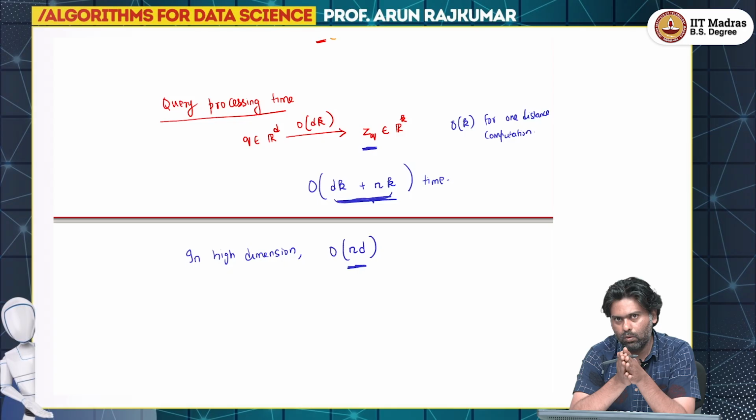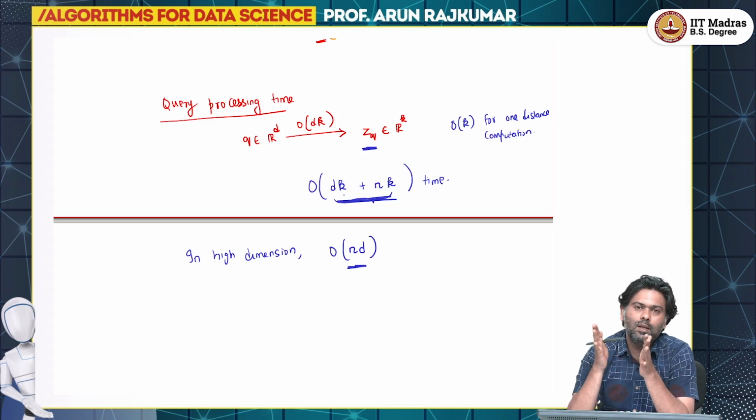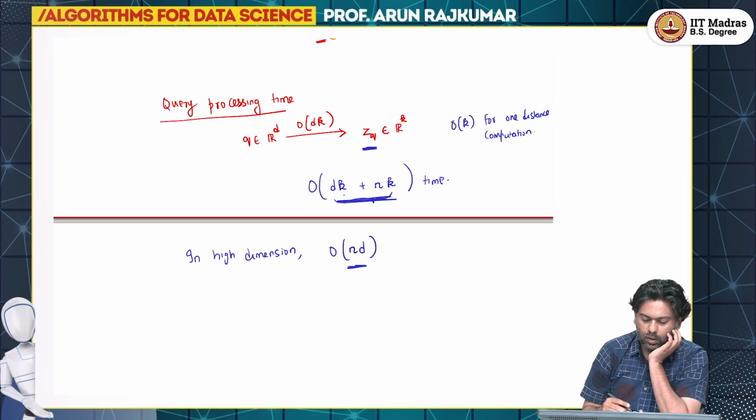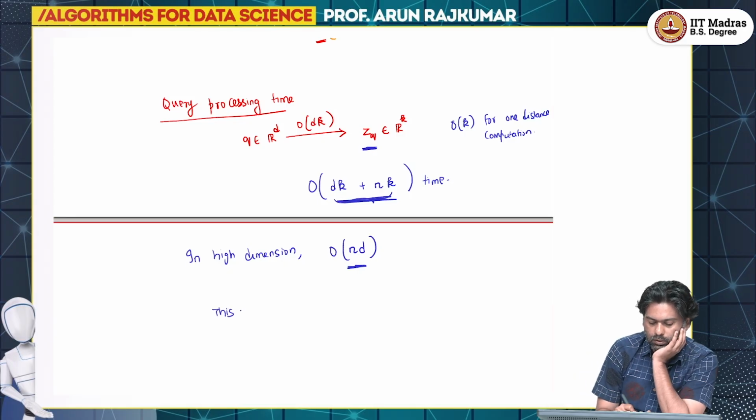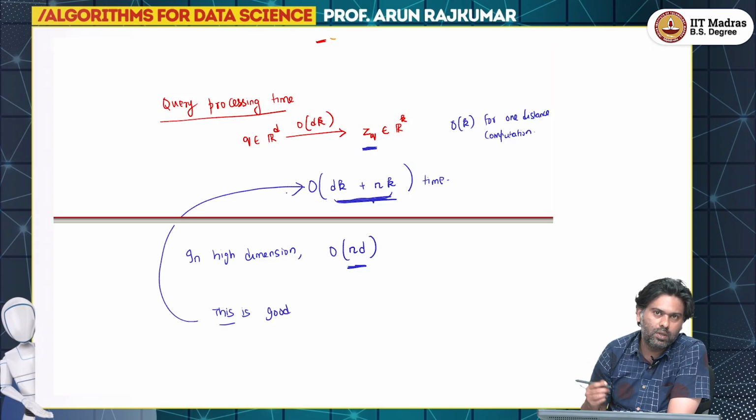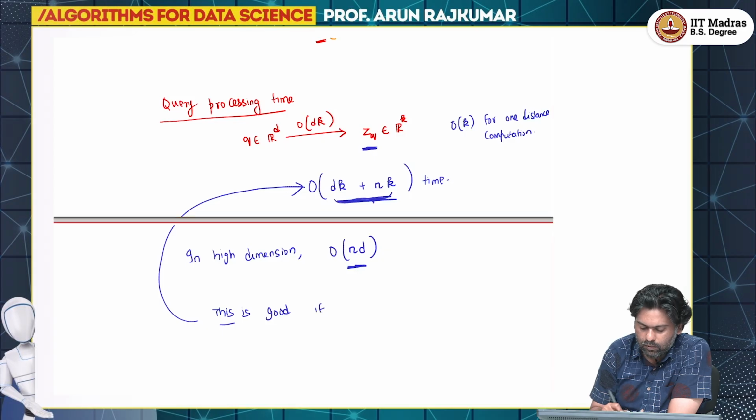The problem though in practice is, this works wonderfully well as long as n is reasonable. Order of nk plus dk is good if n is medium sized.